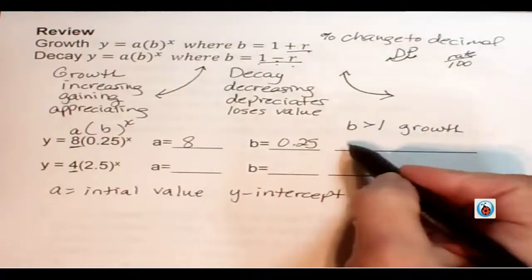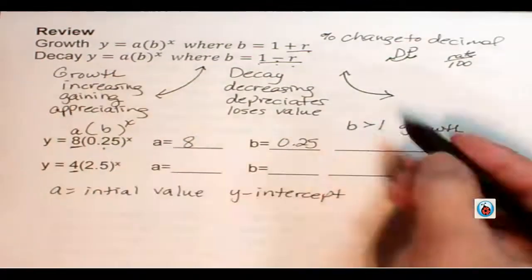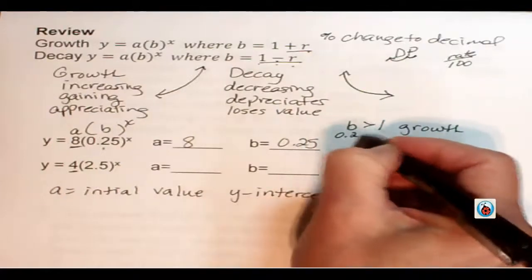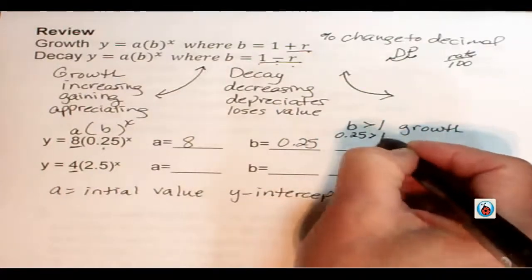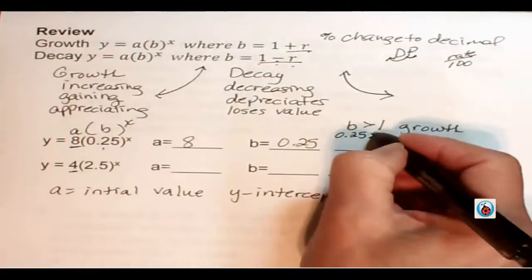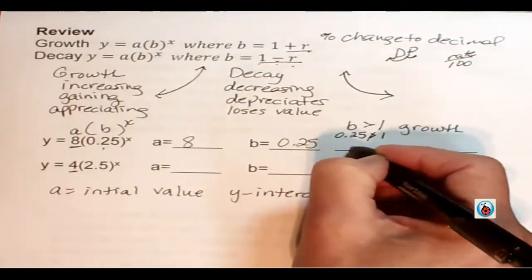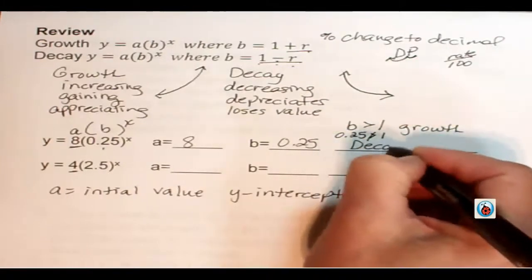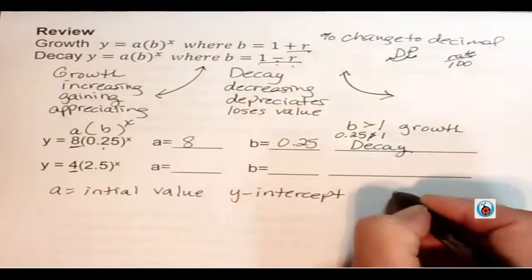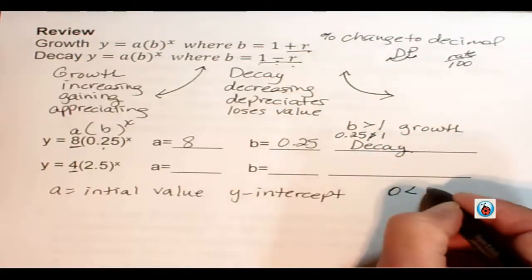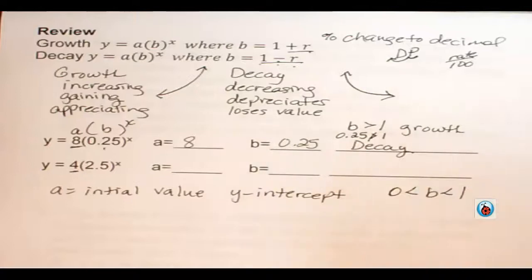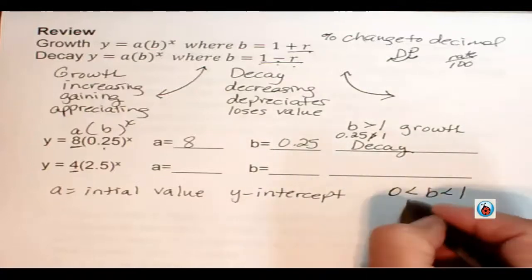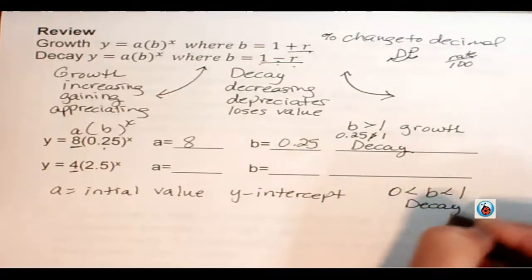So you always ask yourself, is 0.25 greater than 1? No, it's not. If it's not, it's a decay, because for a decay, the b is between 0 and 1. Okay, that's a decay.